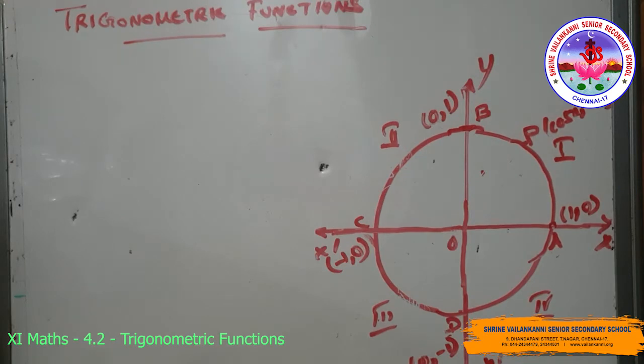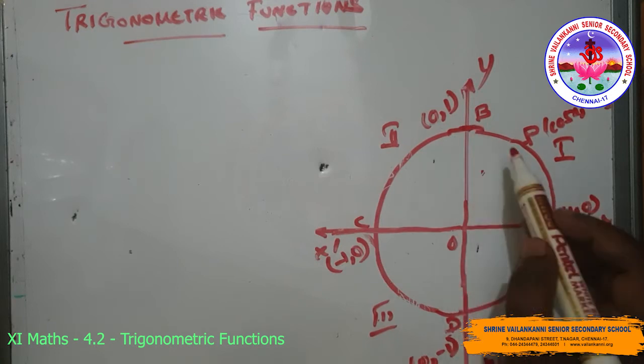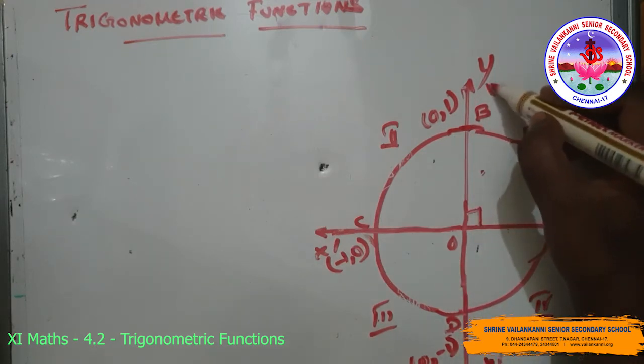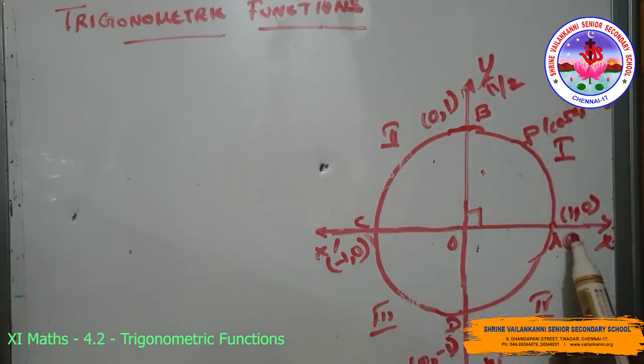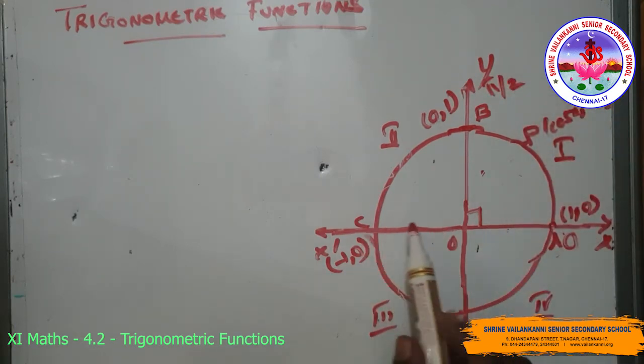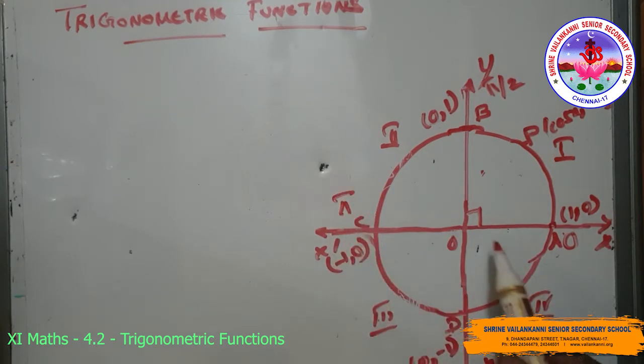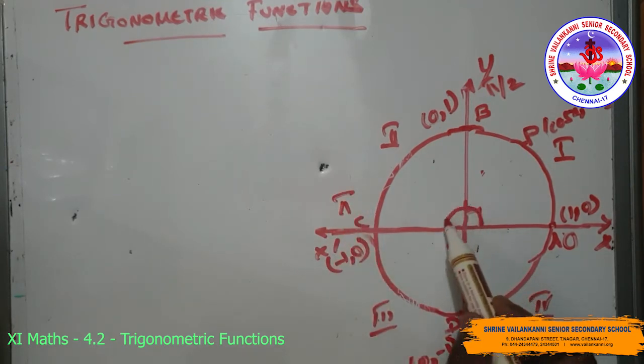Since one complete revolution subtends an angle of 2 pi radian at the center of the circle, it starts from 0. Angle AOB is pi by 2, which is 90 degrees. Angle AOC is a straight angle, which is pi. When it rotates along AOD it is 3 pi by 2.